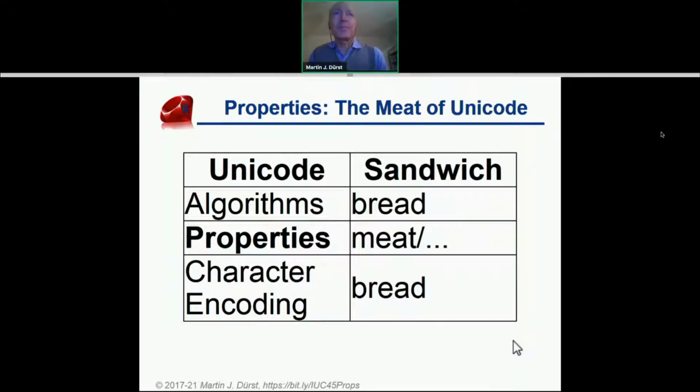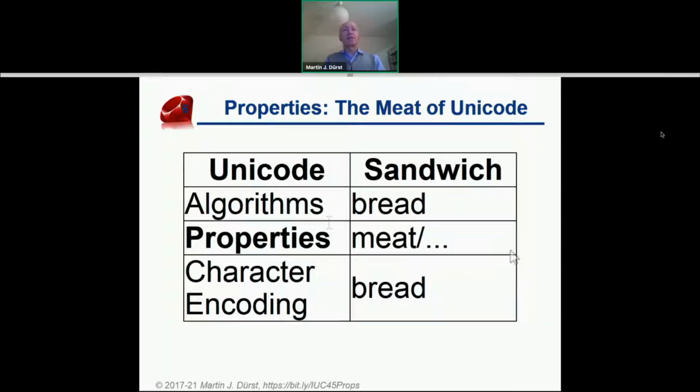Okay, so properties, what are properties? They are the meat of Unicode, I would say. Why the meat? Well, if we look at Unicode as a sandwich, we have bread at the top and at the bottom and the meat in the middle. And for those of you who are vegetarians, please just replace the meat with vegetables, or if you're Swiss like me, maybe with cheese.